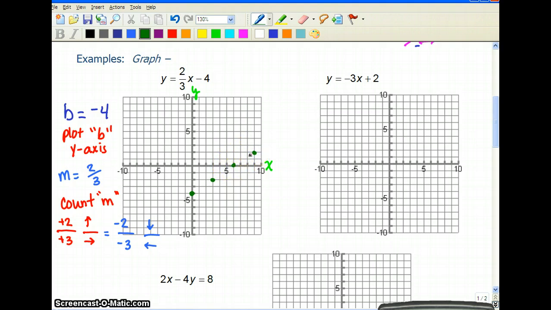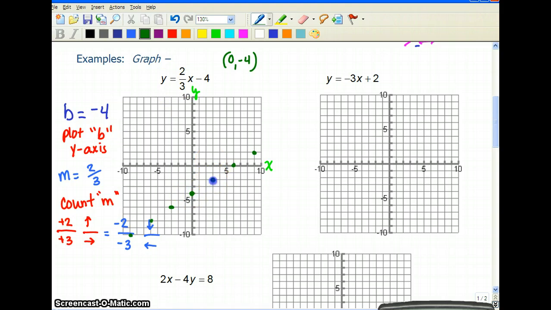And I like to use all my graph paper. We're going to go down 2 to the left 3, down 2 to the left 3, down 2 to the left 3. And so far, all I've done is find some really nice solutions to this problem. So what it tells me is that 0, -4 is one possible combination that I could put in here and it would be true.